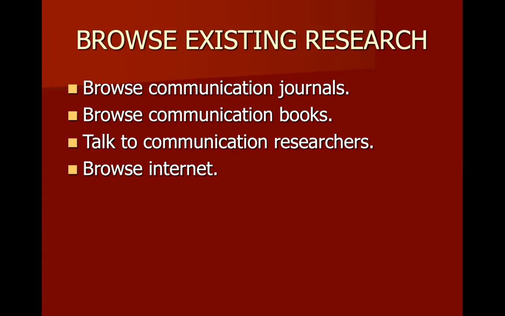Another type of book is an anthology or an edited volume that brings together a bunch of different articles by people on a specific topic. So for example, because I've done a lot of gender research, I've seen edited volumes on gender and communication that will look at different types of research that are done on gender and communication, okay?